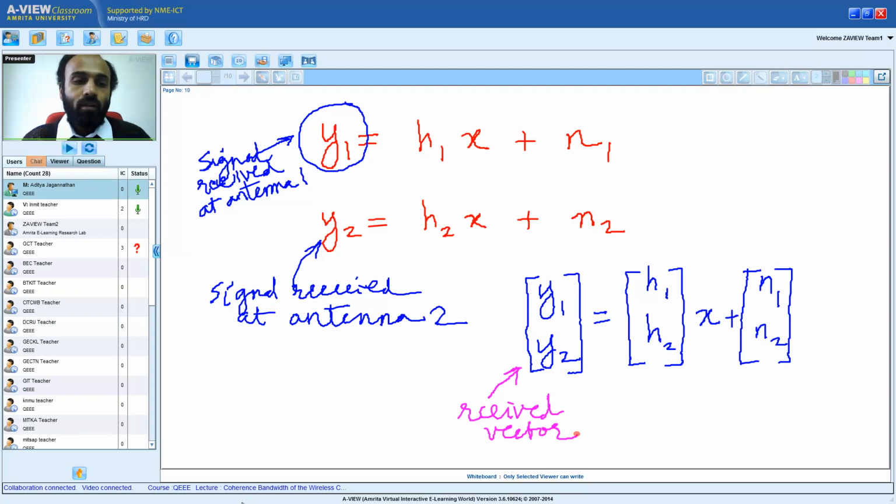Therefore I have a vector comprising of y1, y2, which is equal to h1, h2 into x. The vector h1, h2 times x. So this is now the channel vector plus the noise vector.